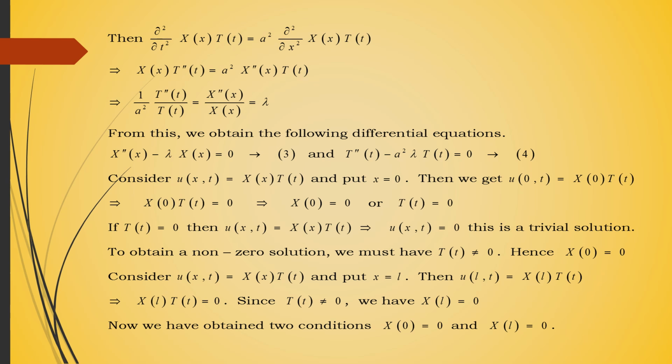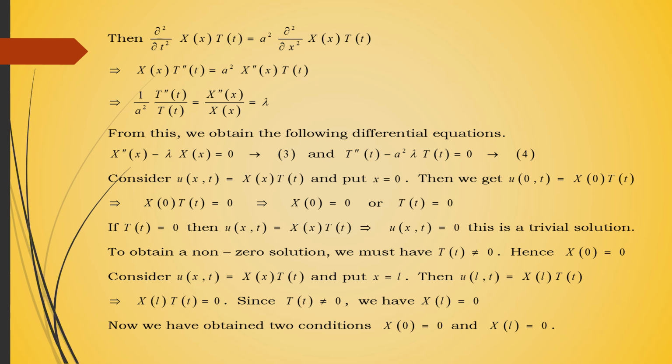From them, we obtain two ordinary second order differential equations, X double dash of x minus lambda X of x equals 0. Let this second order differential equation be equation 3. We get another differential equation T double dash of t minus a square lambda T of t equals 0.